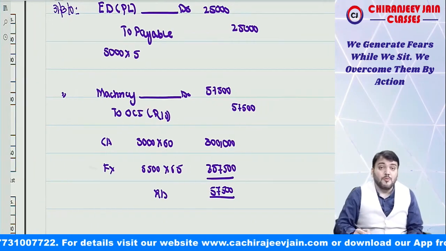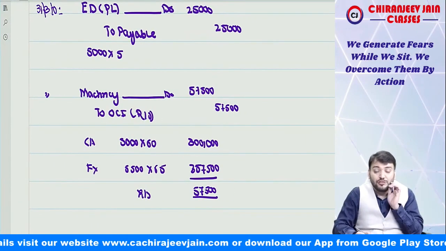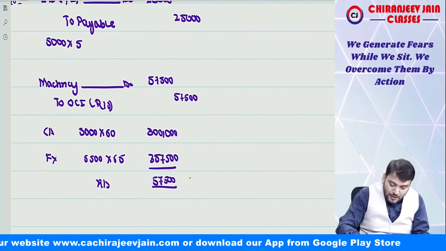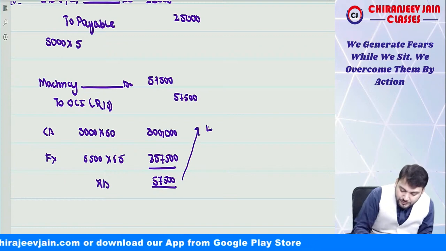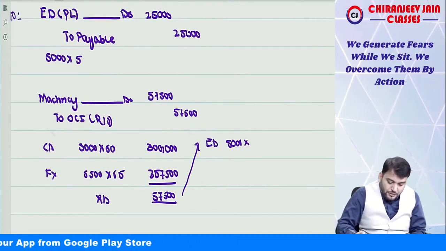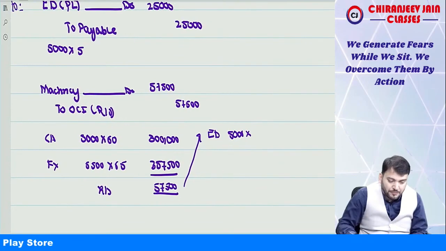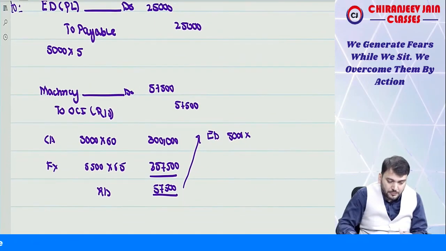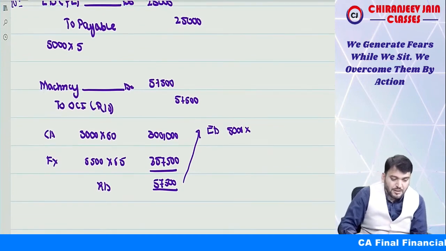Now, if you want to bifurcate how much is due to revaluation and how much is due to exchange difference, can I say due to exchange difference it will be 5,000 into 5? Are you getting what I am saying?